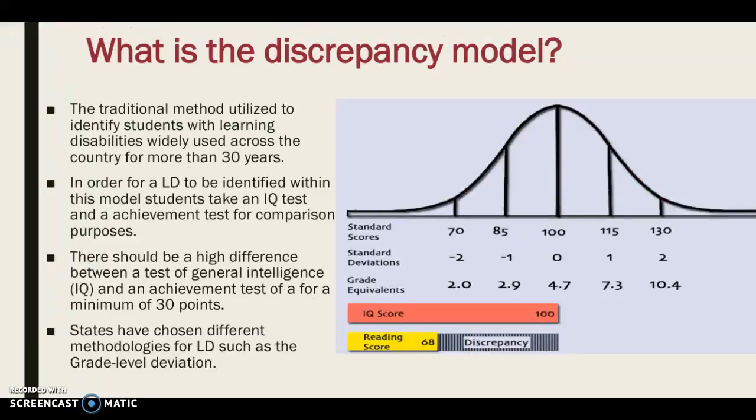So the discrepancy model works by comparing two test scores. First, the test of general intelligence, the IQ test, versus an achievement test in a particular achievement area. In order to find out if a student has a learning disability, the scores between those two tests will have to have a difference of a minimum of 2 standard deviations, meaning at least 30 points or more.